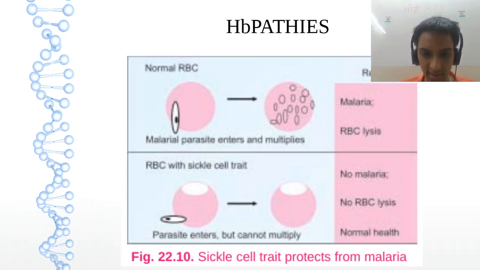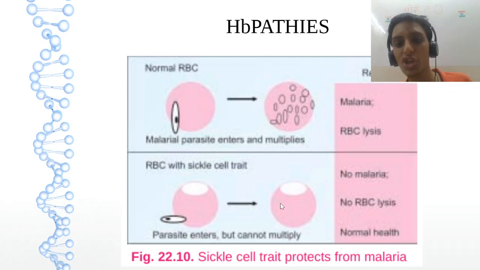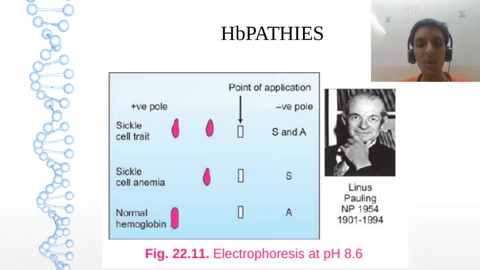So when there is a sickle cell trait, you are observing there is no multiplication of the parasite because the RBC is lysing and its fragility is more. Where will the plasmodium cycle happen, right? That's why malarial resistance.